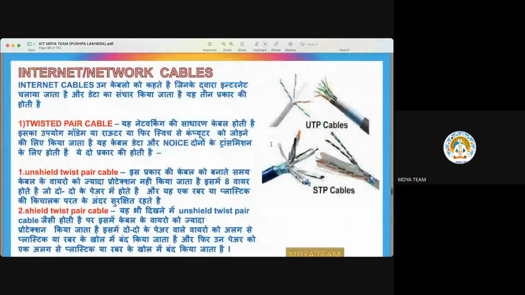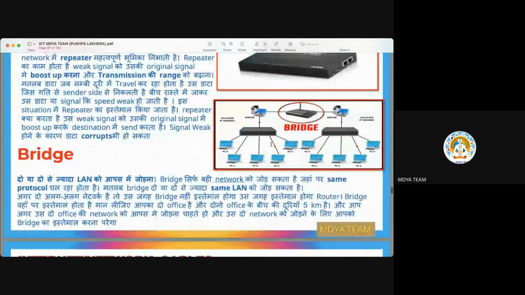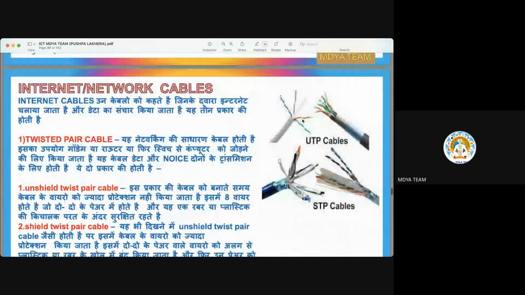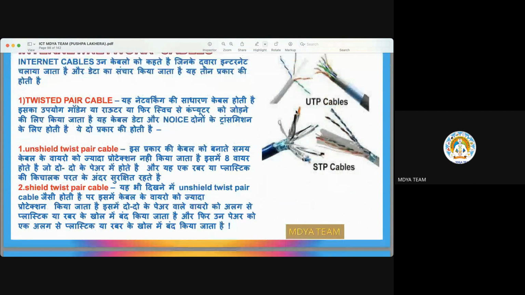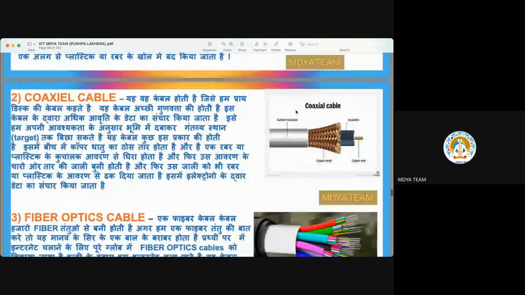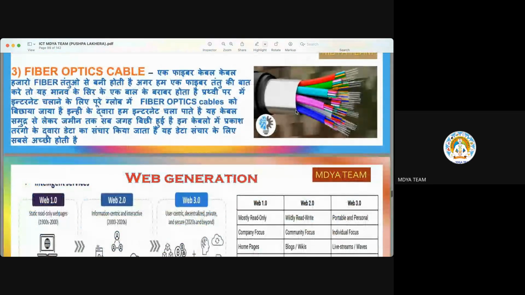It looks like this twisted pair. They are in pairs and twisted, and then combined together in a single cable with a single covering. The name is enough.